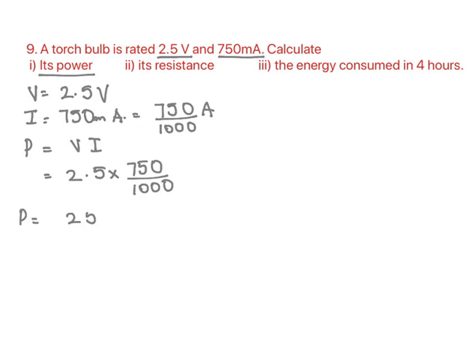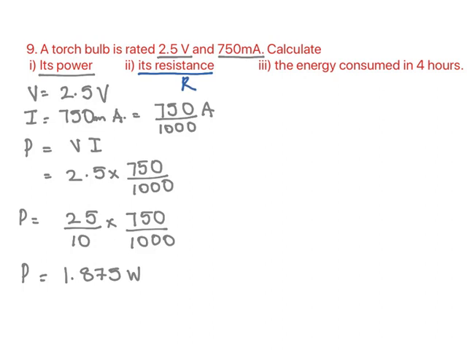So power is 25 over 10 into 750 over 1000, and when you do this calculation, it is 1.875 watts.